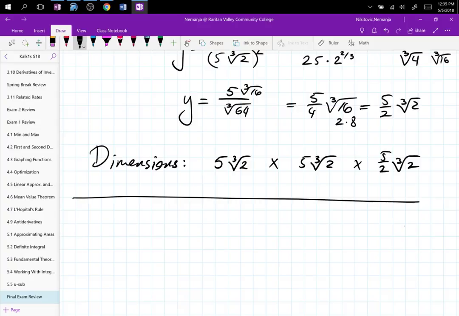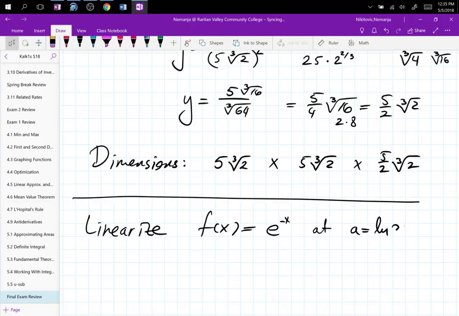Anyway, so linearize f of x equals e to the negative x at a equal ln of 2.